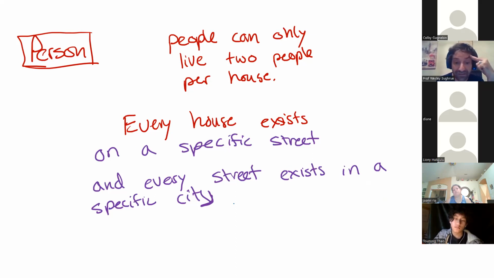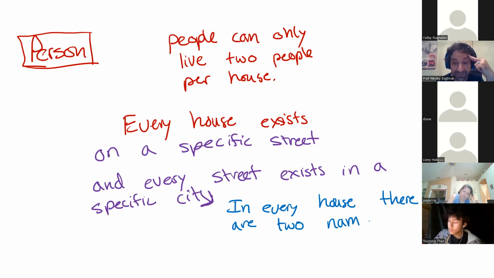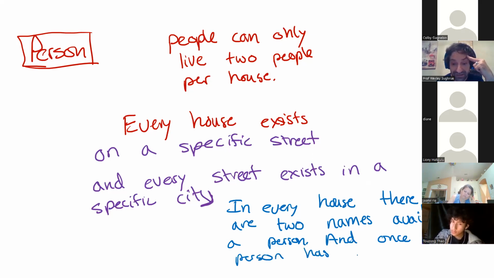So in every house, there are 2 names available to a person, and once one person has a name, the other person must have the other name.